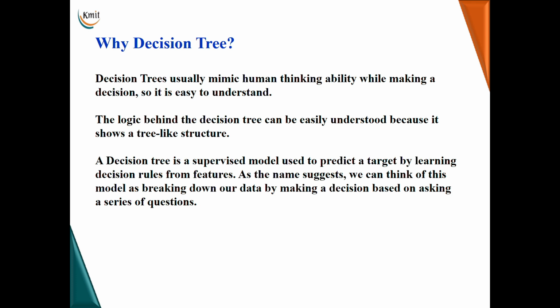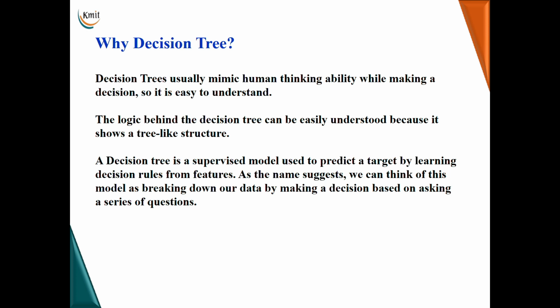In classification, when I talked about model construction and model usage, I told you about classifier algorithms. One of the classifier algorithms is the decision tree. So I'm using a supervised model to predict the target by learning the decision rules. Now what is the target here? Your target is yes or no. That is the final result.